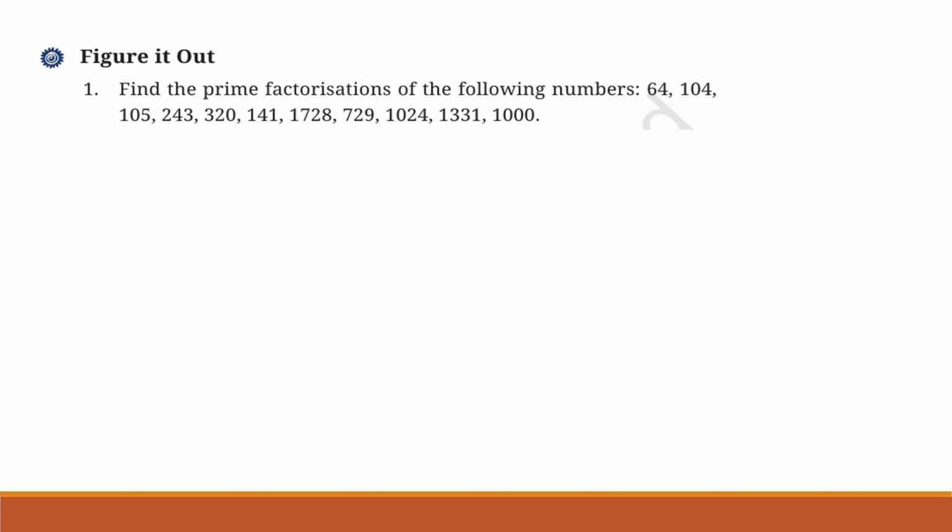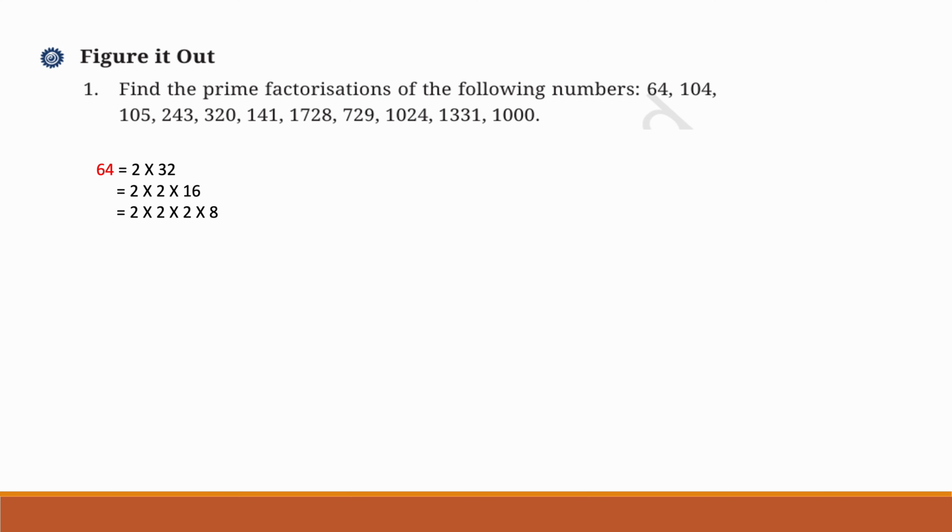Find the prime factorization of the following numbers. First we will see 64. 64 is equal to 2 into 32. Then 32 we can rewrite as 2 into 16. So 2 into 2 into 16. Again 16 is a composite number, so we can break it like this: 2 into 8.